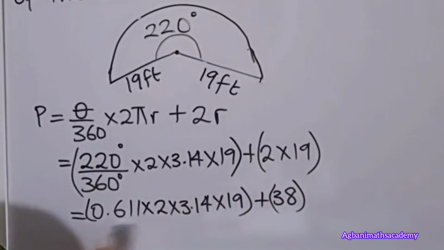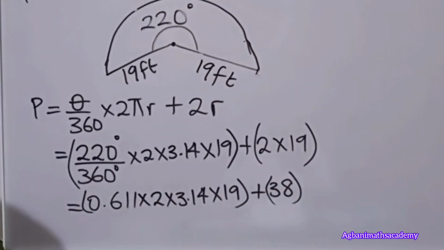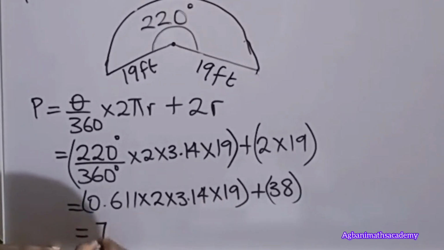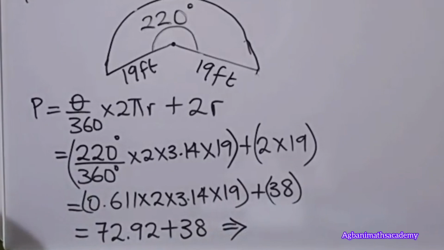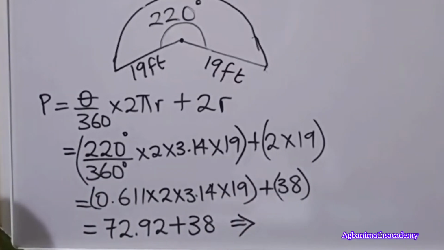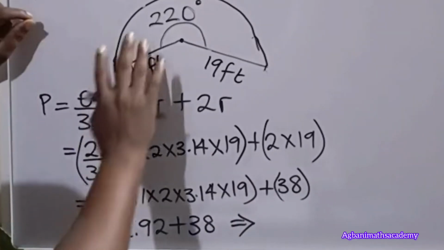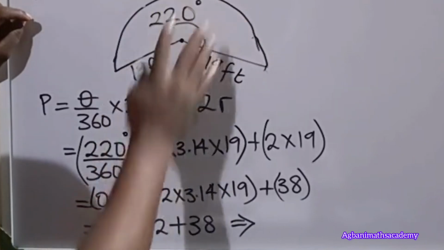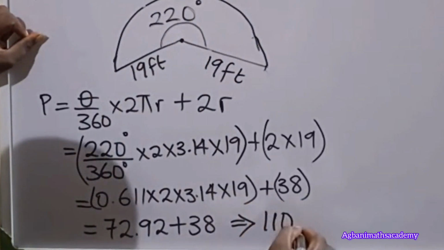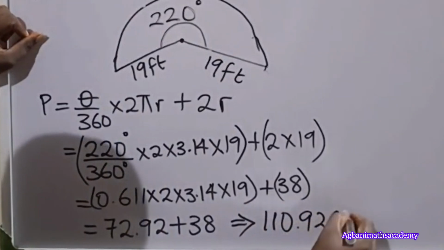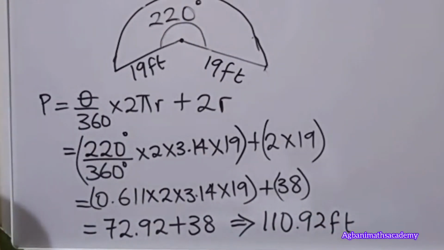We multiply this, and that gives us 72.92. So we have 72.92 plus 38. Our final answer will be 110.92. So the perimeter of this sector will be equal to 110.92 feet.